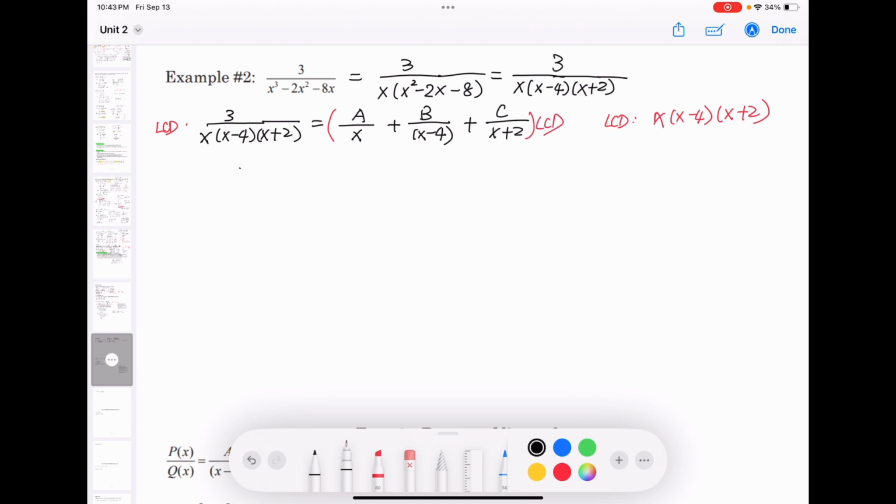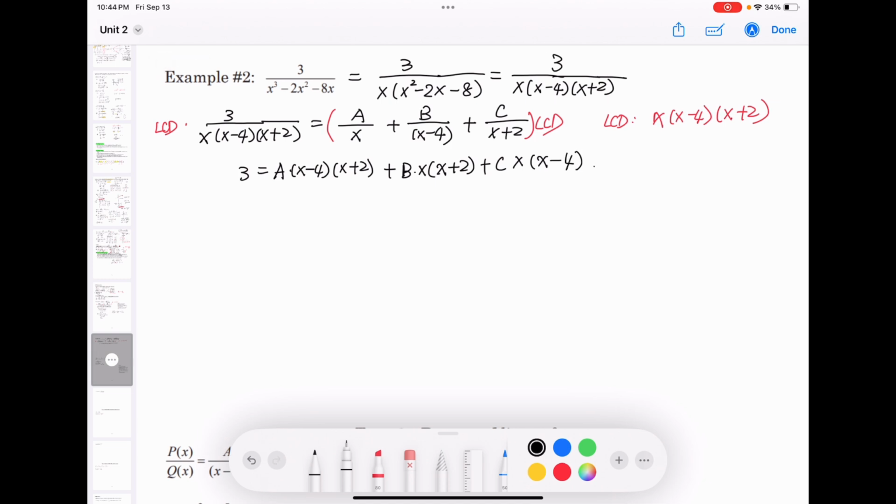So we have 3 is equal to a times x minus 4 times x plus 2 plus b times x plus 2 plus c times x times x minus 4.